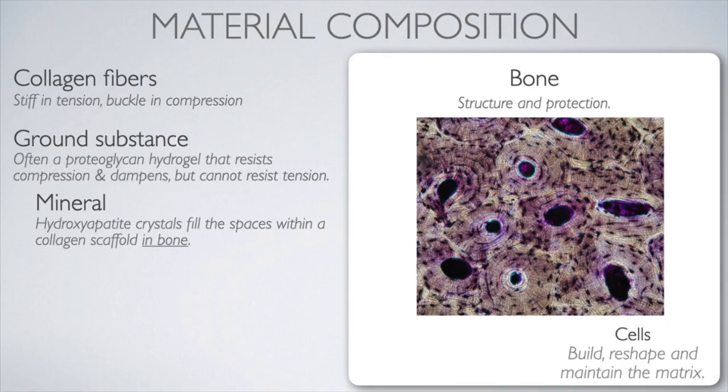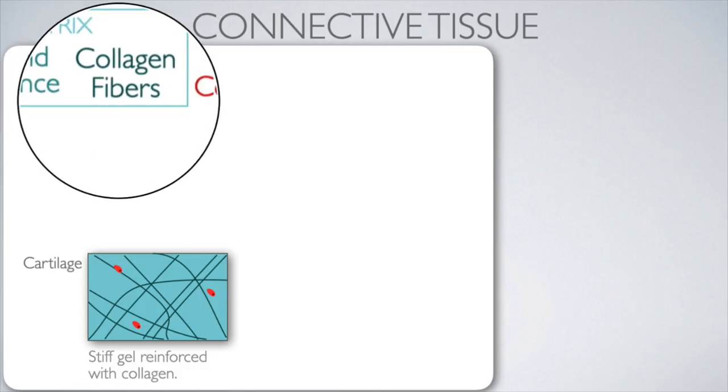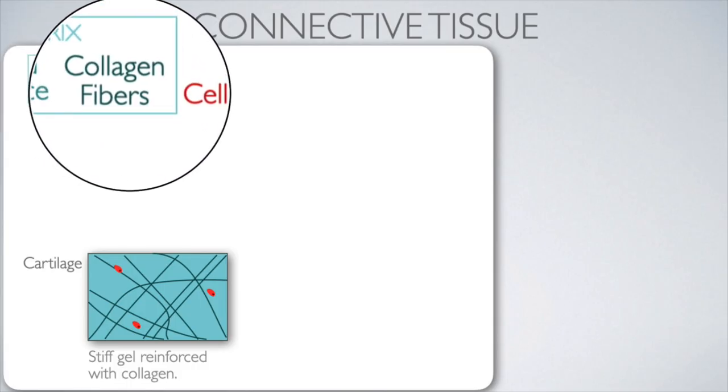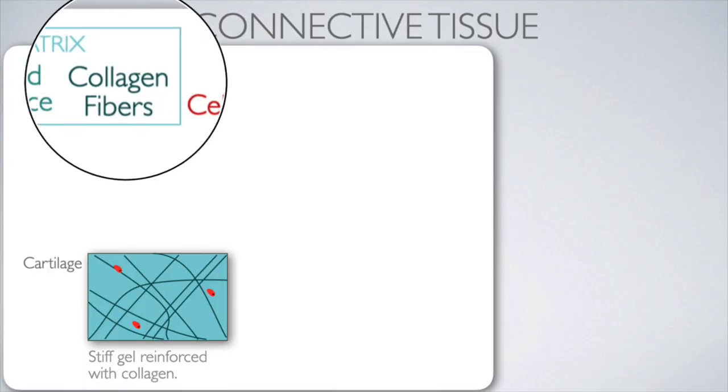Okay, so there are some overriding patterns as you look across different types of connective tissue. Let's try to summarize that. I mentioned the essential role played by collagen fibers that are like rubber bands at a molecular level.